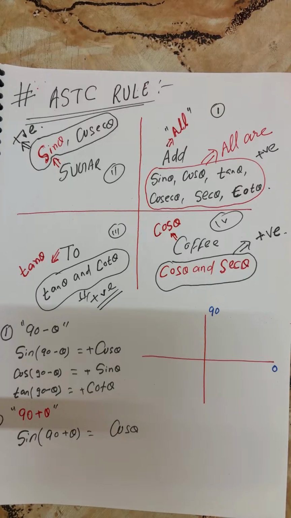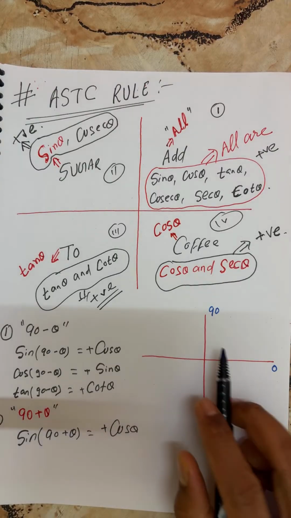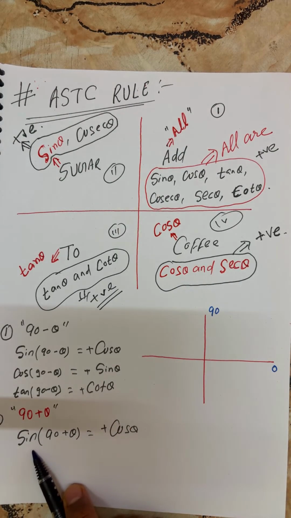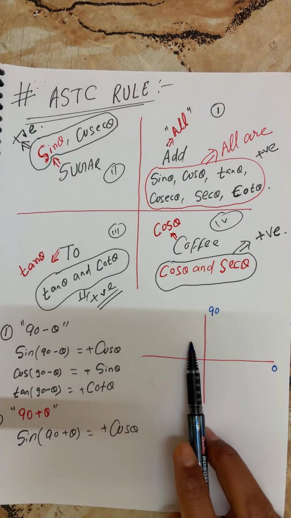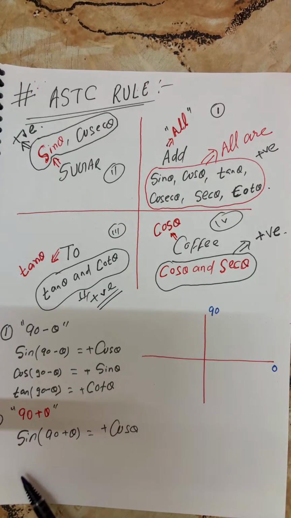It is plus cos theta, because 90 plus theta is in the second quadrant, and our initial function is sin theta. In the second quadrant, sine functions will come positive only.